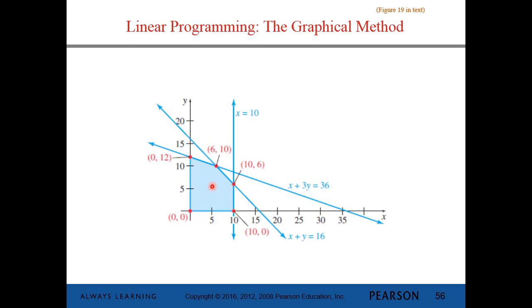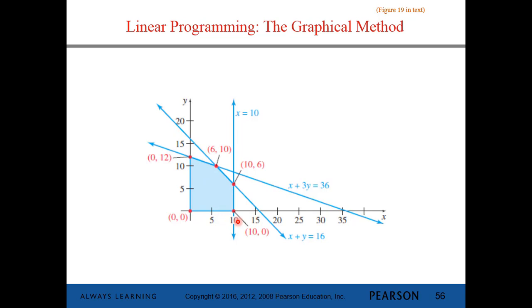Again, you can use test points. All you have to do is test a point in here and see if it satisfies all of the constraints. Then you find all of the intersection points, all of the corner points. What we're going to do is take each of these points and test them in our objective function.